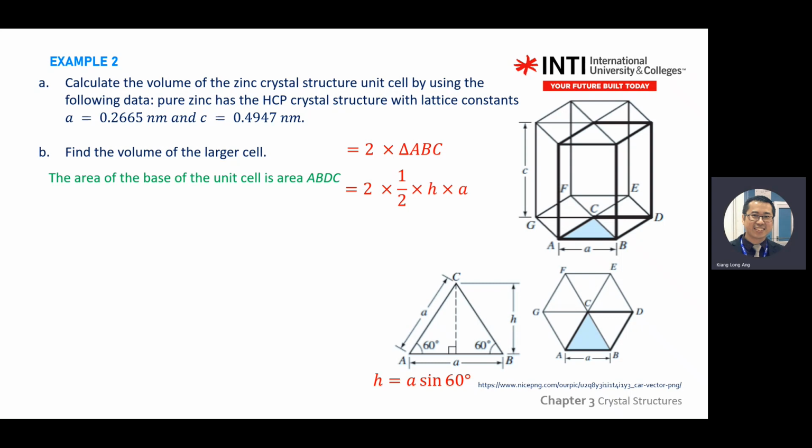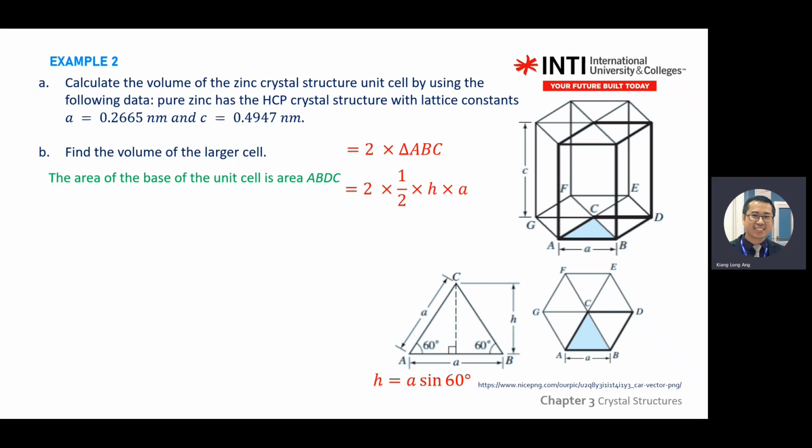But you can link the relationship between H and A. For H, you use sine, because this is H, this is A, this is the angle. The side opposite the angle over the hypotenuse is the sine relationship. Sine 60 equals H divided by A. Make sense? So you rewrite the equation: H equals A sine 60.